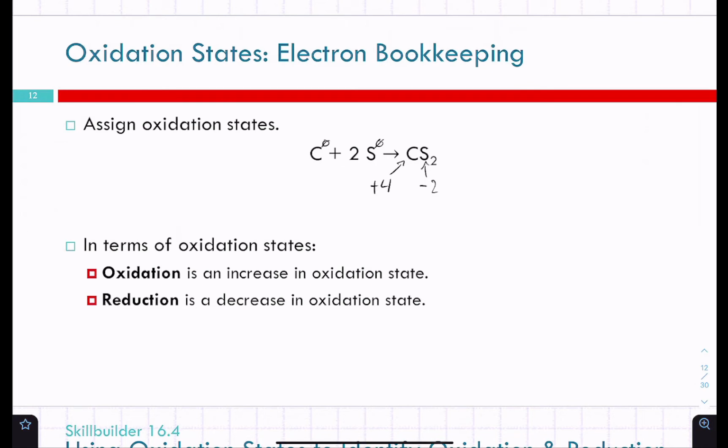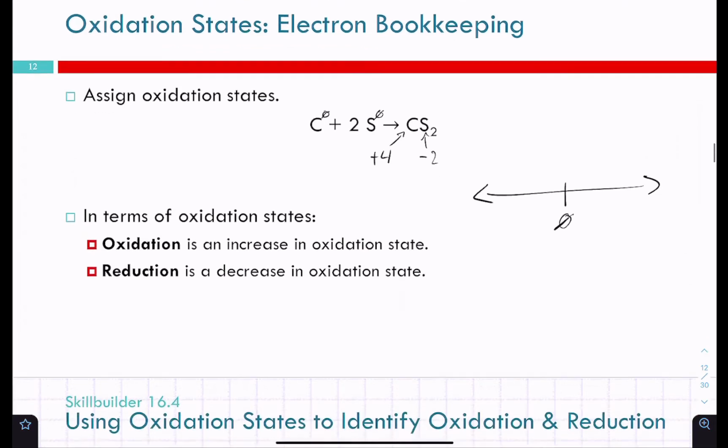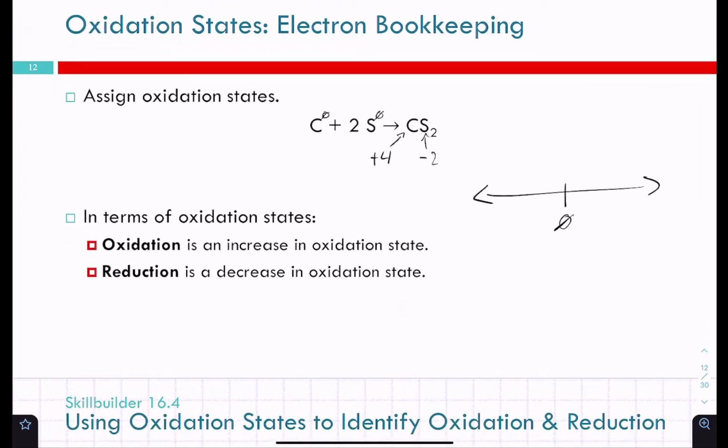Now, this is another way to think about these oxidation states. Oxidation is an increase in oxidation state, meaning it gets more positive. I know it seems super basic to write out a number line, but sometimes it just helps to have the visual. So more positive is +1, +2, +3, and -1, -2, -3.